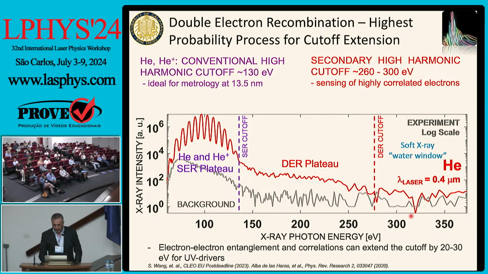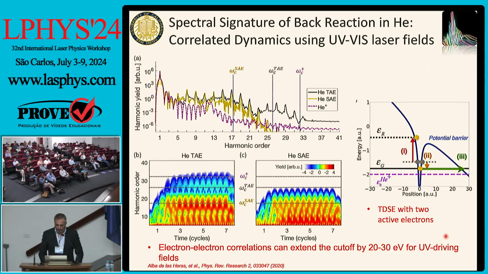This extension of the cutoff is more than 150 electron volts. Initially, we were looking for electron correlation effects where we were probably expecting a 20 to 30 electron volt extension of the cutoff. And our original idea was the following. We knew that instead of using infrared lasers, if we use UV lasers, we can enhance the following probability.